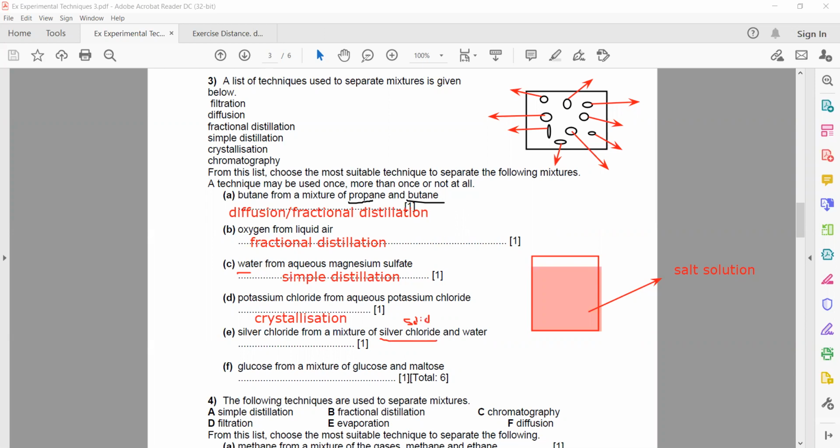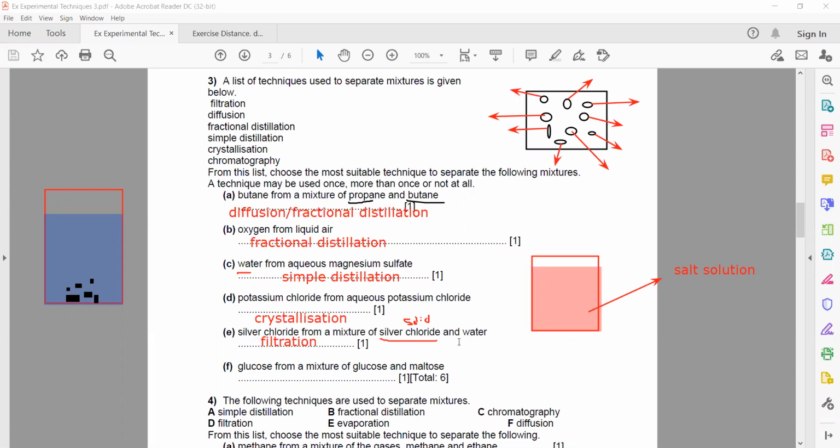Basically what we have is a container which is filled with water, and we have a solid silver chloride. So we have this solid silver chloride, and we want to separate it from the water. So what can we use? We can use filtration.